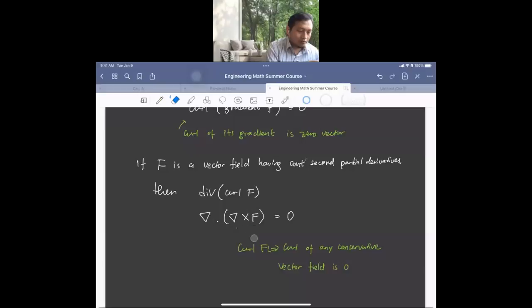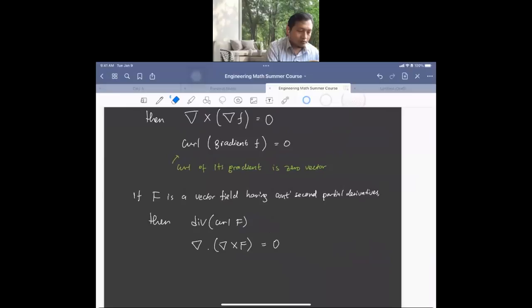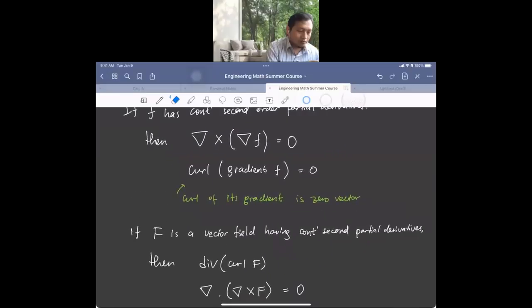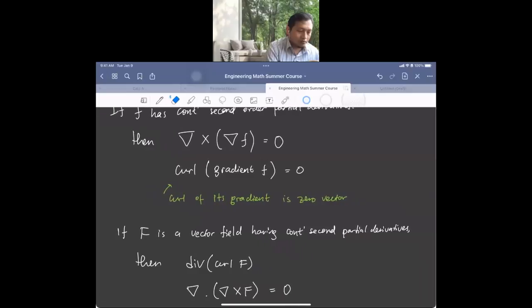Or maybe let me just write, oh, it should be here, sorry. The curl of its gradient is the zero vector, and we can say that del cross del f is 0.